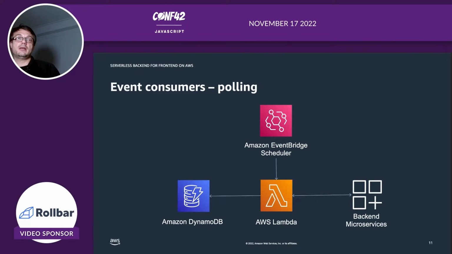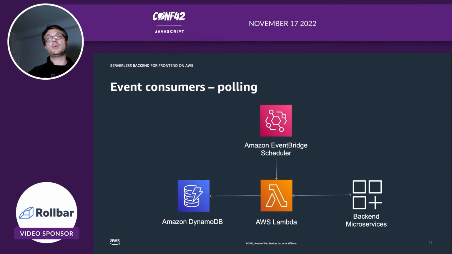Another pattern which is quite common, if the downstream services can't produce events or can't send HTTP requests in the form of webhooks, is that probably they still have some kind of APIs or interfaces you can query to get the data for your front end. But here you will need some kind of a polling mechanism, to initiate connections and query those microservices.